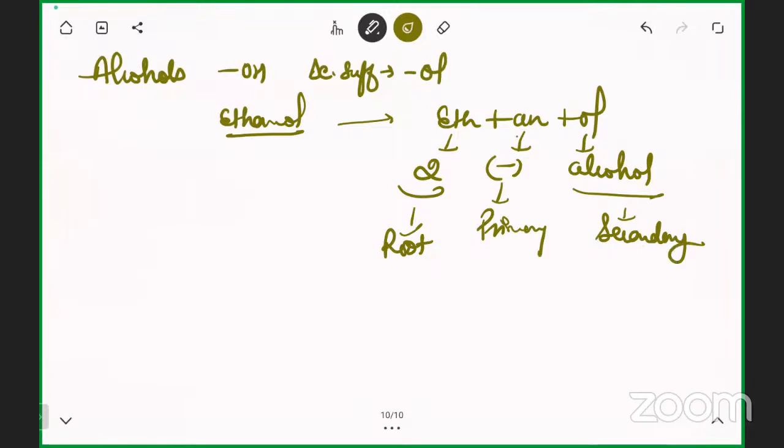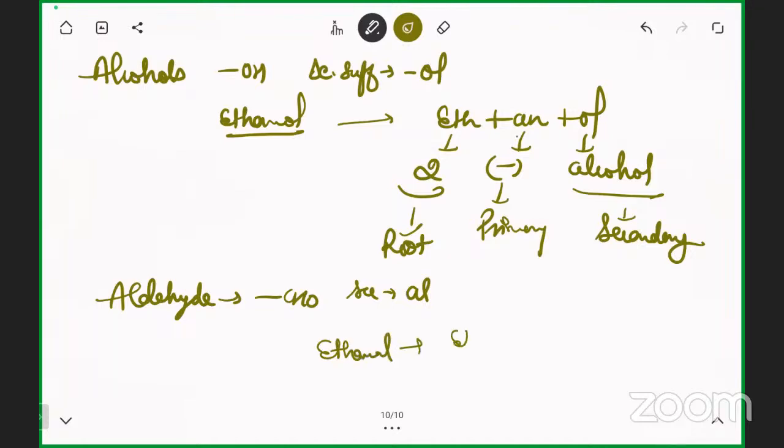Clear? Another example we can take is of aldehyde. The aldehyde functional group is CHO. The secondary suffix is al. Now we can take the example of ethanal. Divide it: eth plus an plus al.